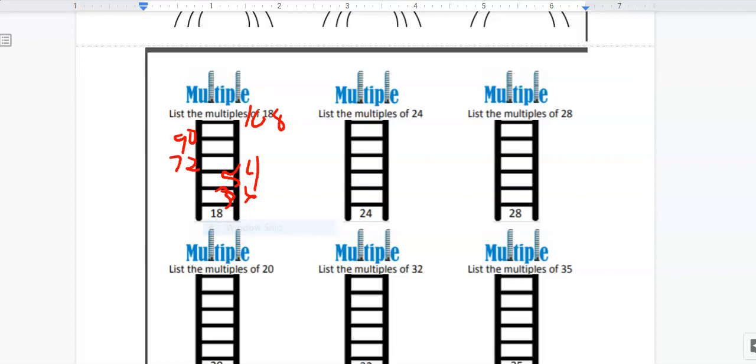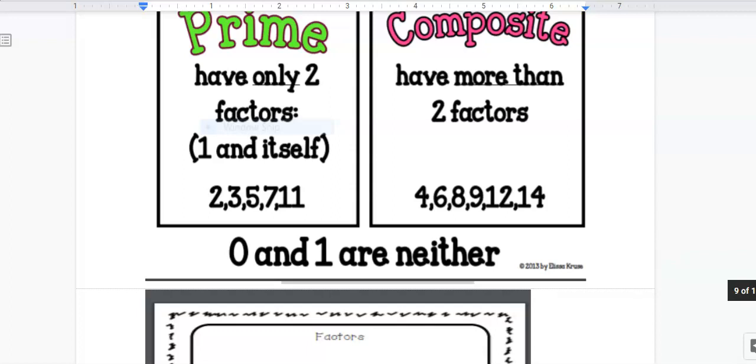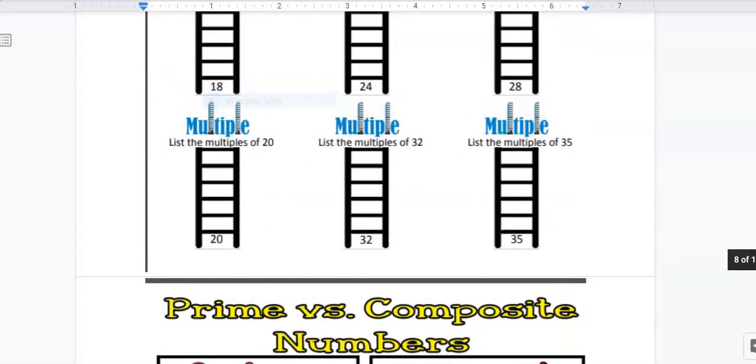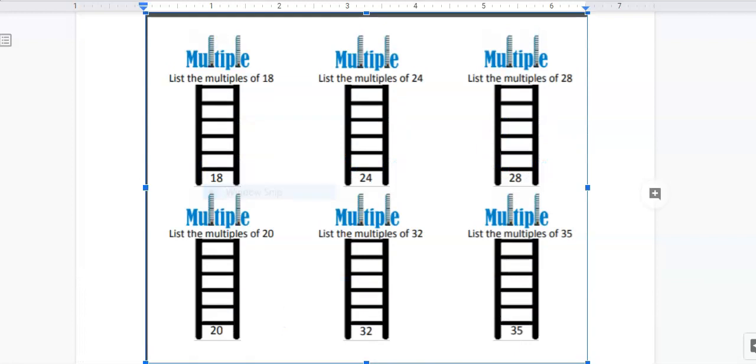Now, here's another example. If we're going to be looking at, like this one, 20 multiplied by those numbers.